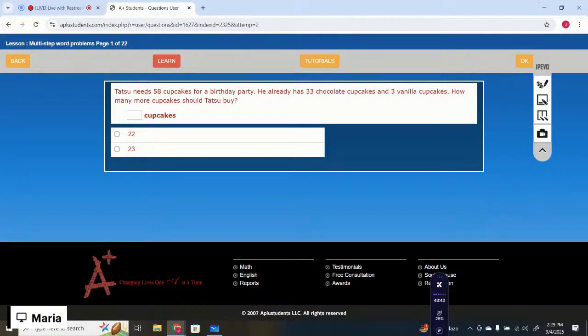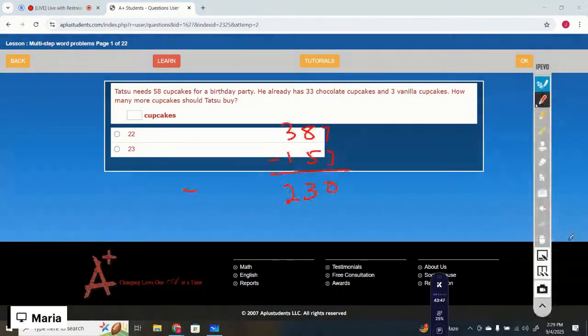Tetsu needs 58 cupcakes for a birthday party. He already has 33 chocolate cupcakes and 3 vanilla cupcakes. How many more cupcakes should Tetsu buy? So he already has 33 chocolate cupcakes and 3 vanilla cupcakes, right? That means he already has 36. Now you need to calculate how many more he has to buy.